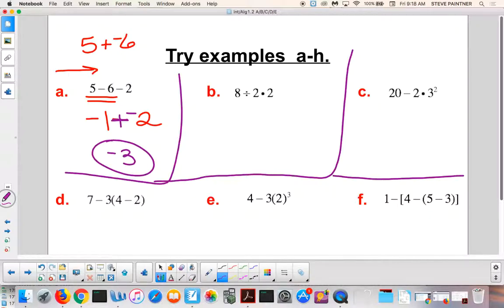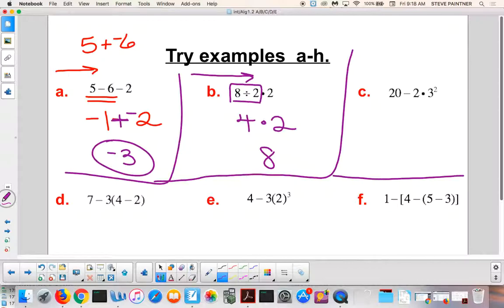Yep, here we go. No grouping symbols, correct? No exponents, correct? Okay, how about multiply or divide? Divide and multiply. So should I take 2 times 2, or should I take 8 divided by 2? 8 divided by 2, coming in from the left, okay? 4 times 2 is 8. Okay, starting you out very simple.